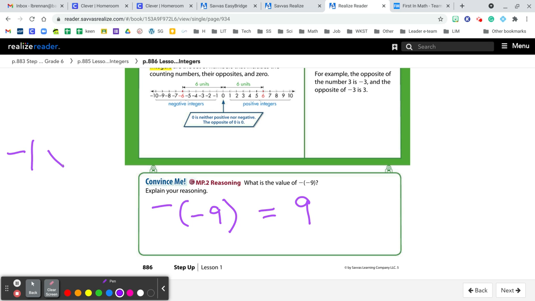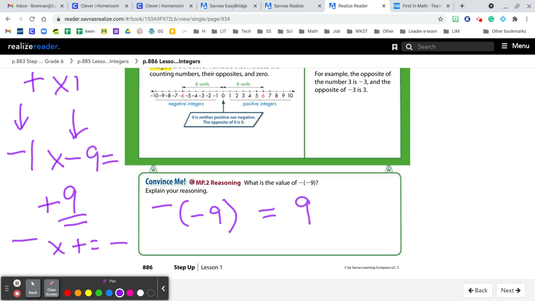So negative 1 times negative 9 equals positive 9. The rule for integers is a negative times a negative equals a positive. A negative times a positive equals a negative, and a positive times a positive equals a positive. Those are some rules that will help you in math as well when you're doing integers.